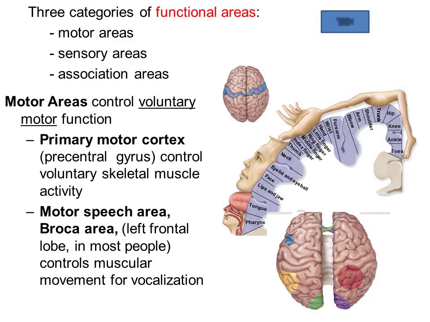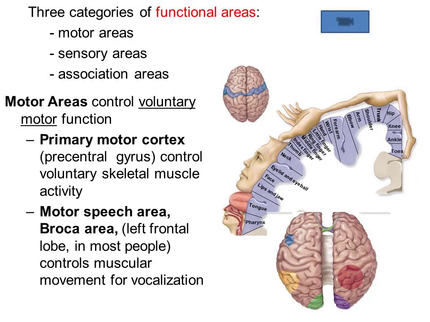So your knee and your hip, that's almost at the very superior part of our frontal lobe in this primary motor cortex. And then as we move on around and get lower, we're going to see that we finally have the neck and the head and the face and the lips, then we get into the pharynx and the tongue. This sort of mapping out of the human body onto the brain is referred to as a homunculus.